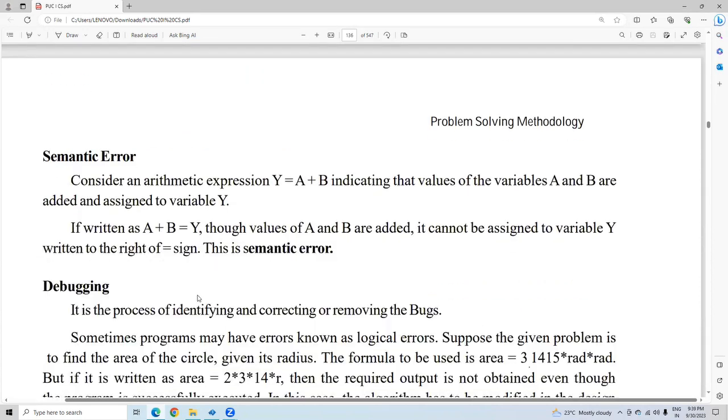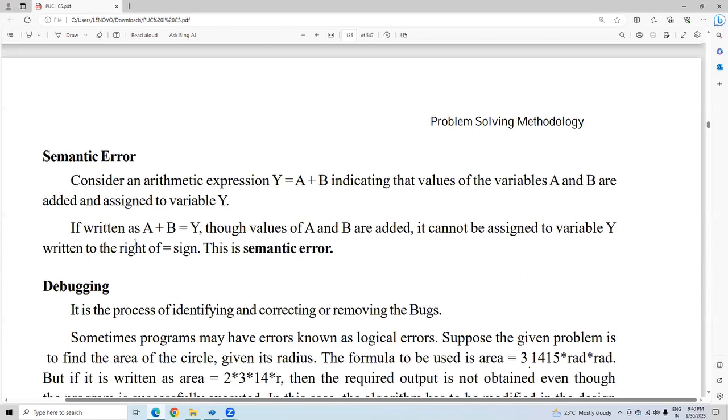And now we have semantic errors. Semantic, in the sense, consider an expression y = a + b, indicating that the values of a plus b have to be added and the result has to be assigned back to the variable y. If written as a + b = y, though the values of a and b are added, it cannot be assigned to the variable y, because with that single equal to sign, as per the programming language, the right side value will come to the left side variable name.